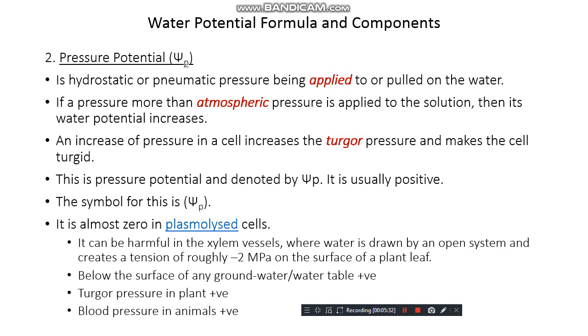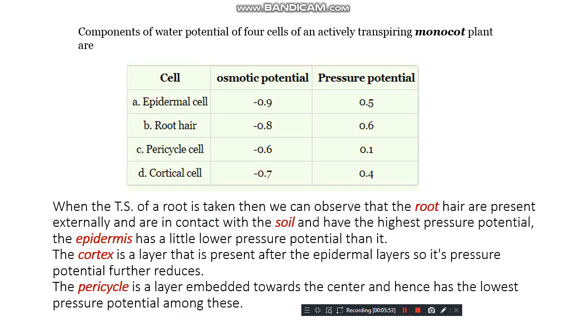There are also different examples of positive pressure potential. When you go below the surface of any groundwater or water table, it becomes positive. The turgor pressure in plants is positive potential. Blood pressure in animals, we can consider a positive water potential.